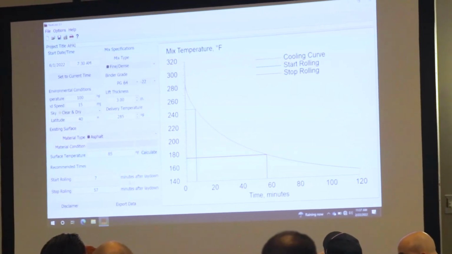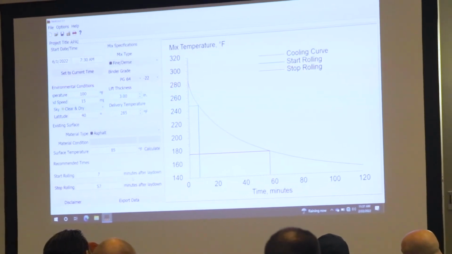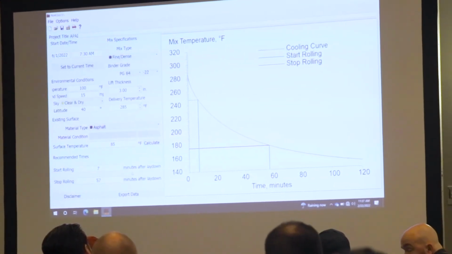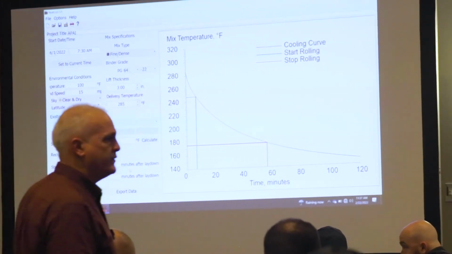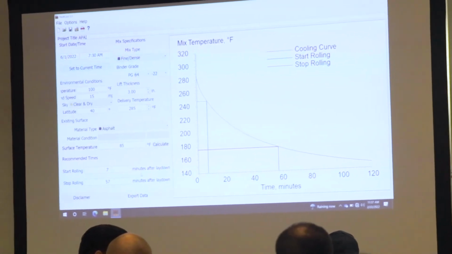We went from 38 minutes to 57 minutes. If you're paving 20 feet a minute, which isn't super fast, it isn't super slow, let's round that up to 60 because it's easy math.